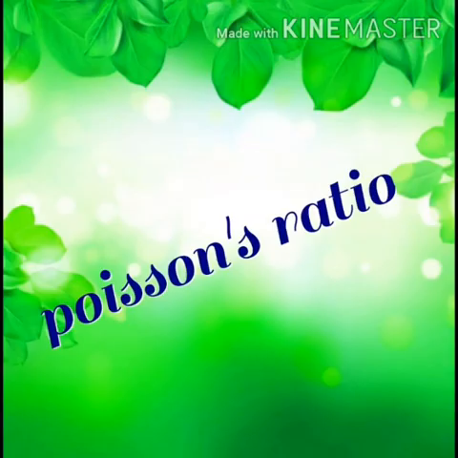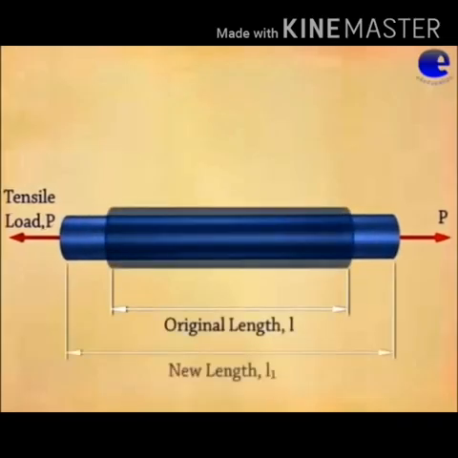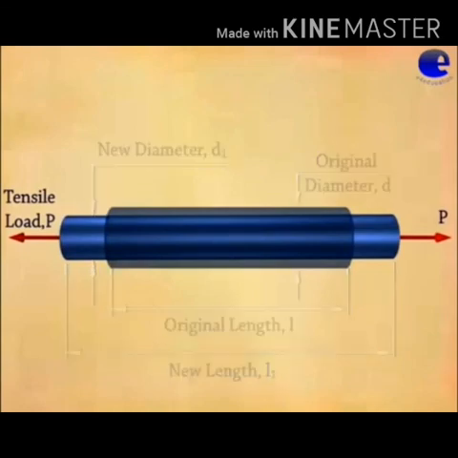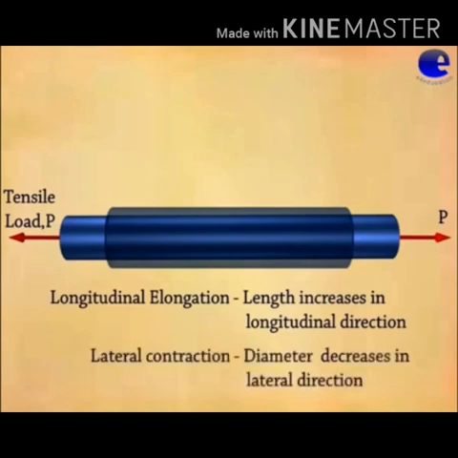Now we are going to see the topic Poisson's ratio. Suppose we stretch a wire, the length increases, that means elongation, but its diameter decreases, that means contraction. Similarly, when we stretch a rubber band, it elongates and becomes thinner, contraction.